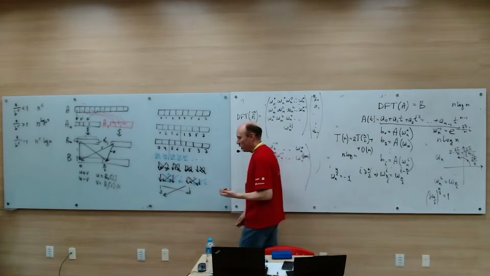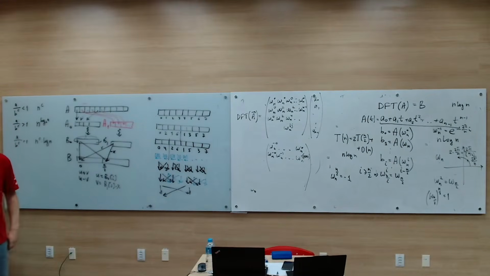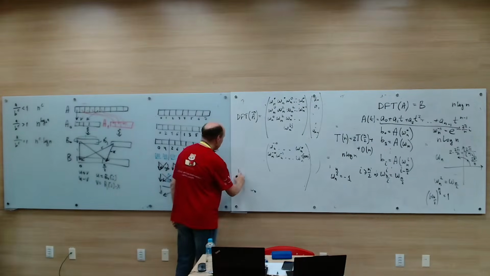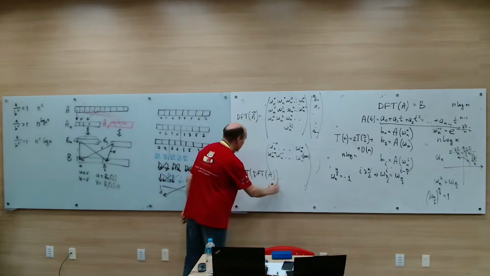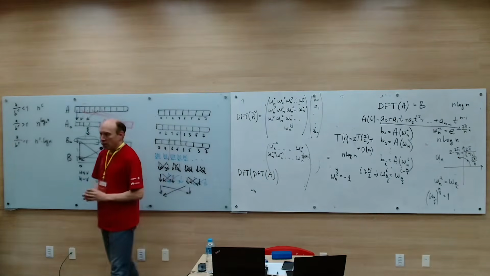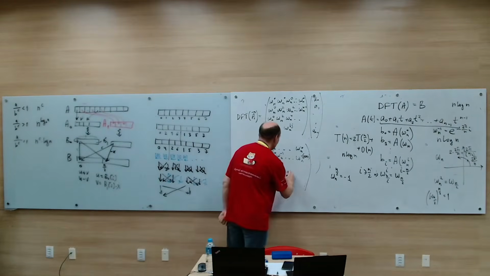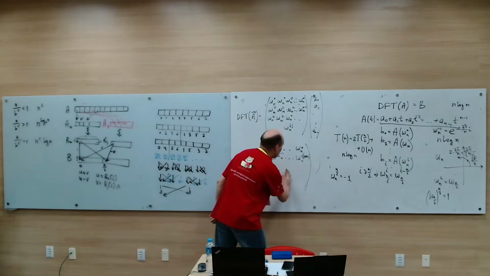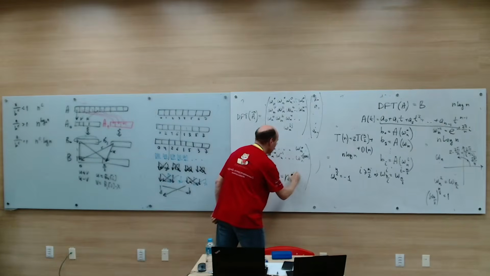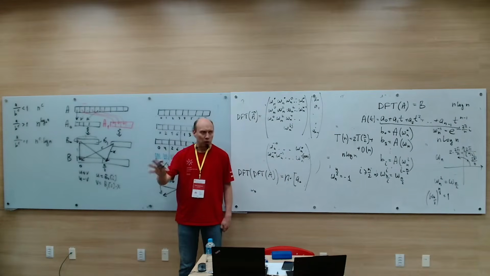The funny thing is that if you instead apply the same transformation again, so suppose you do DFT of DFT of a, what would you get? Surprisingly, you will get a very strange thing. If I remember correctly, a0 will stay at its position, multiplied by n, but all other elements will go in the reverse order: a(n-1), a(n-2), and so on down to a1.